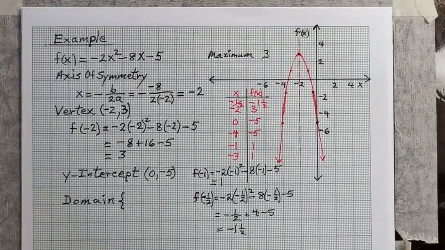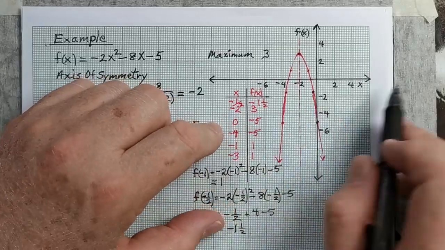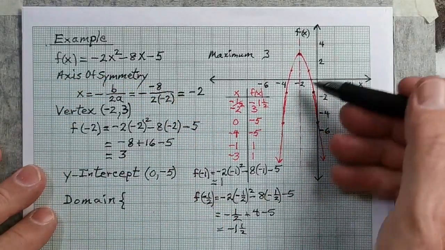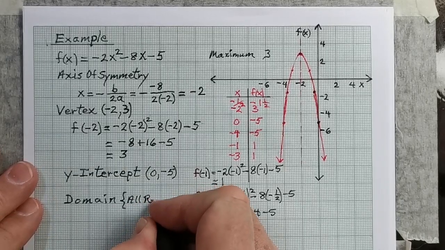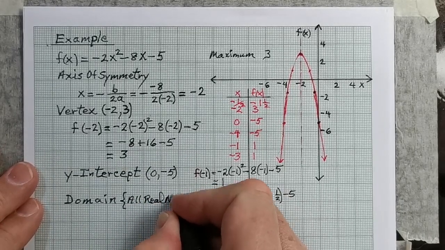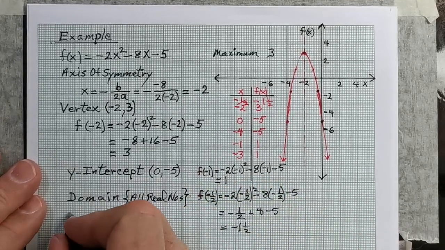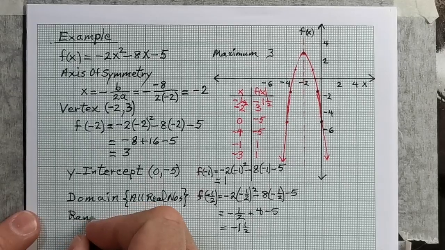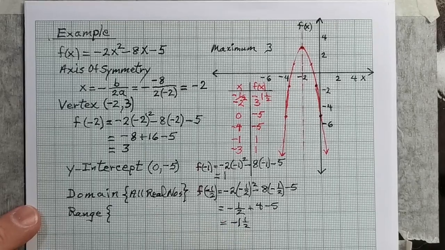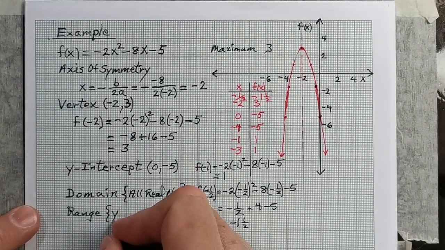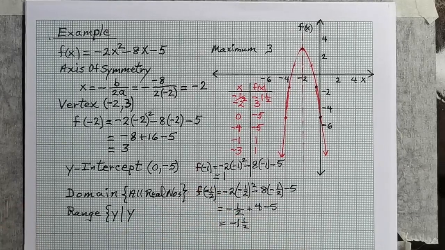And what's the domain and what's the range? Well, the domain, what can you put in for x? You can go as far to the right as you want on the x-axis or as far to the left. So it's all real numbers. And what about the range? Range is a set of y. It's what we get out of the function, y such that y, what are the possible values for y now?